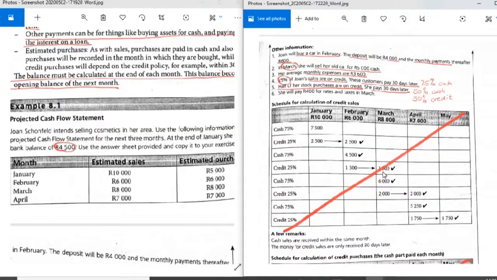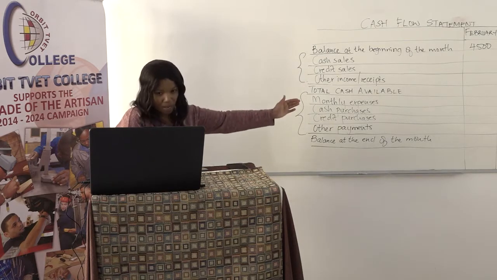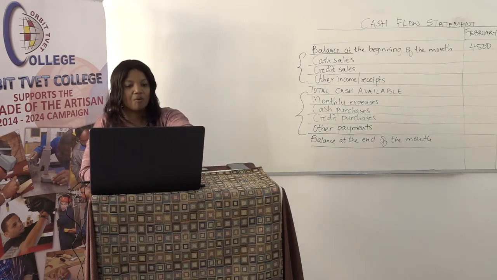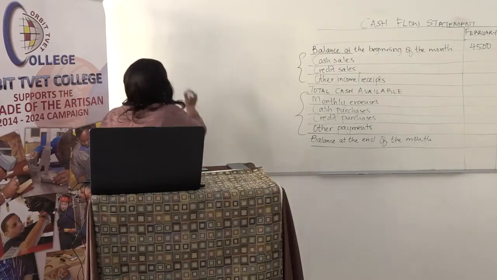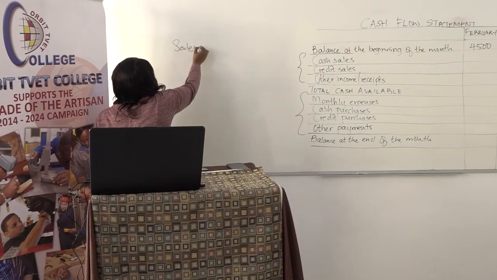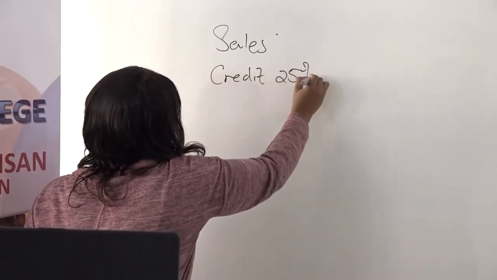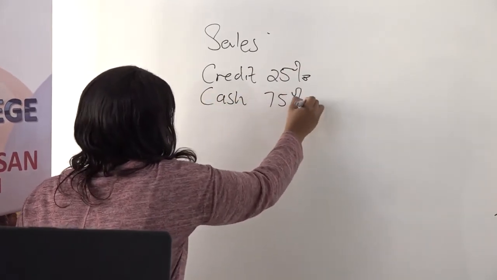Before we can calculate the cash sales, we need to check how much was our estimated sales for the month of February, because our cash flow statement starts with February. Now we go back to the table that is provided. We check our February estimated sales is 6,000 rands. Remember they said 25% of sales is on credit, and then cash is going to be 75%.